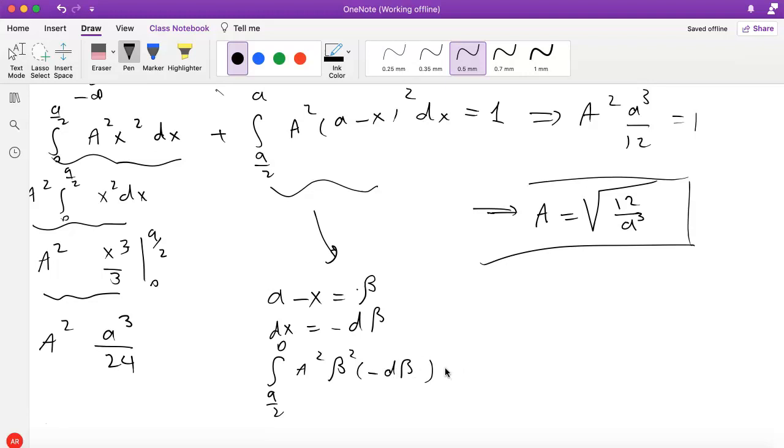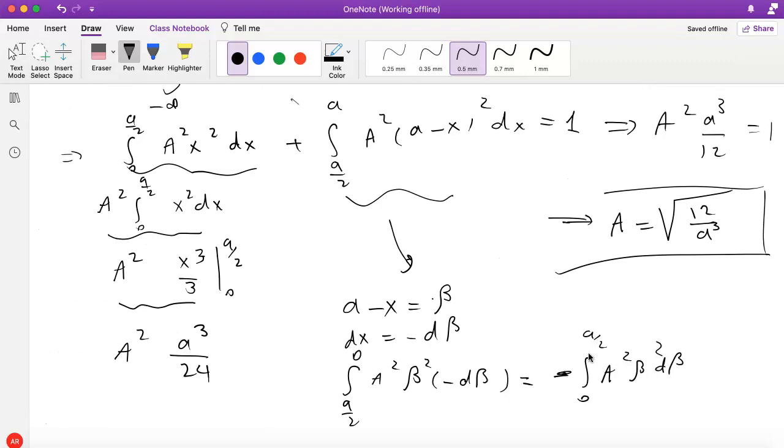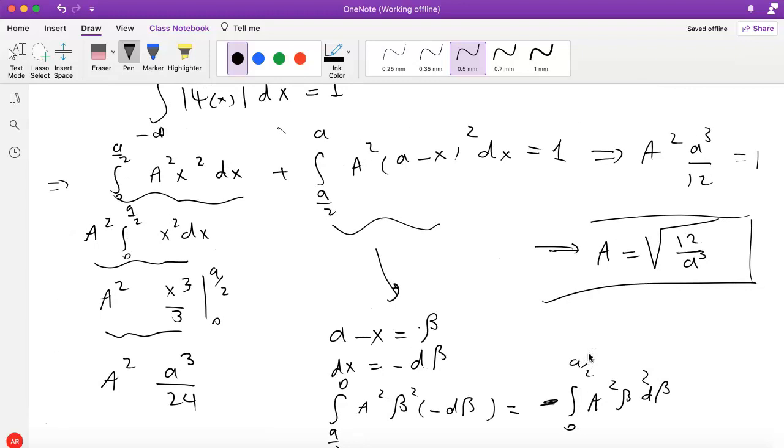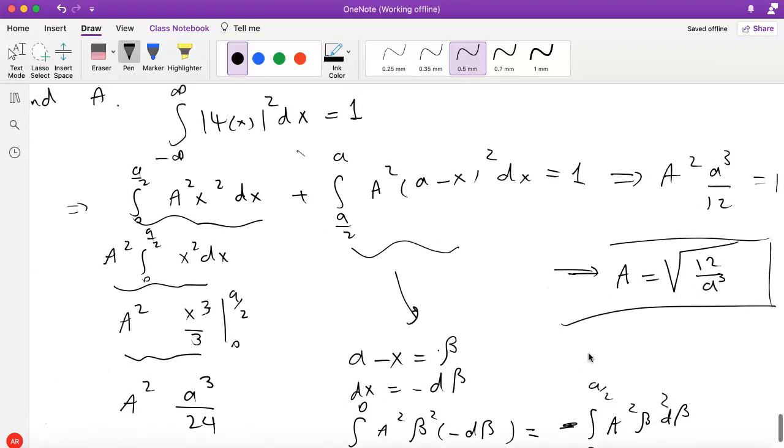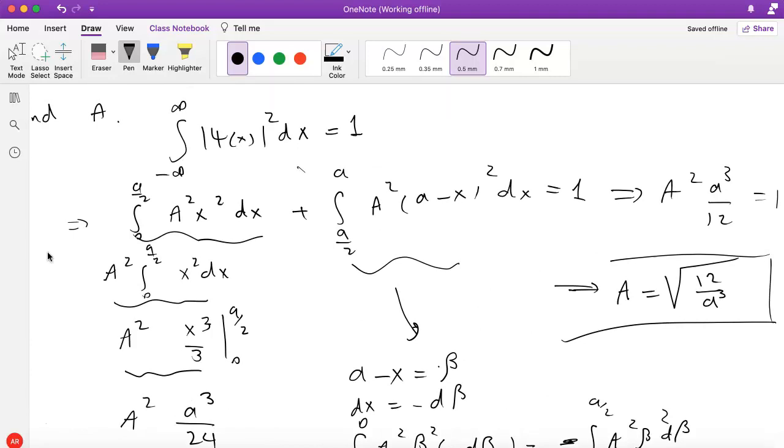That's the dx. So that's just minus the integral from a over 2 to 0, which is plus the integral from 0 to a over 2. So by this change of variable, we see it's exactly the same thing as the first term that we just calculated. All right, I think this is a good place to stop.